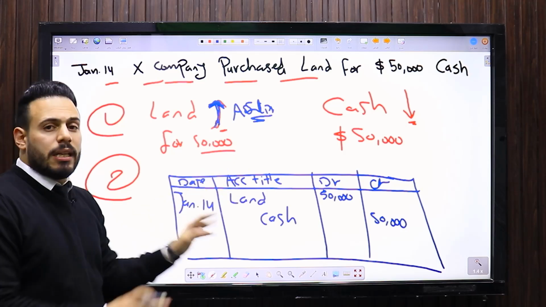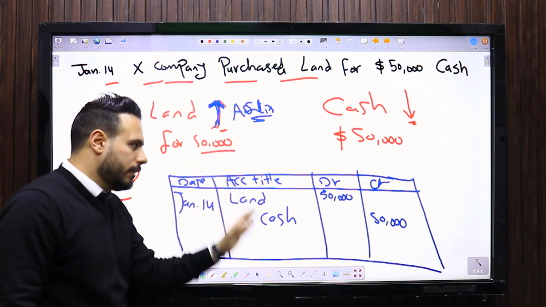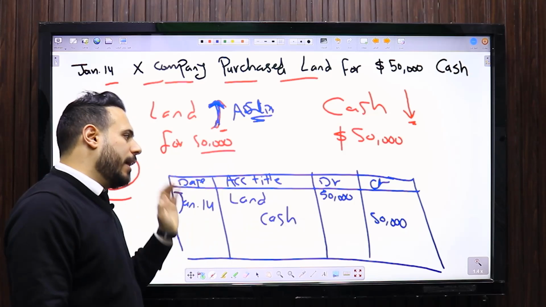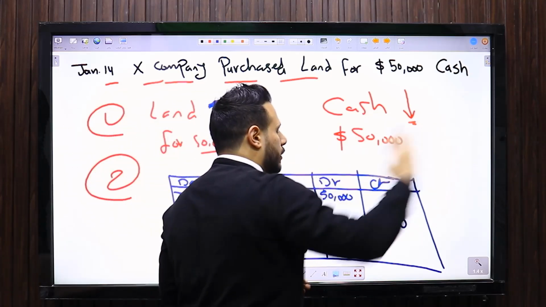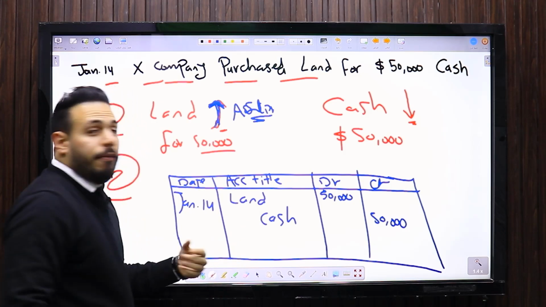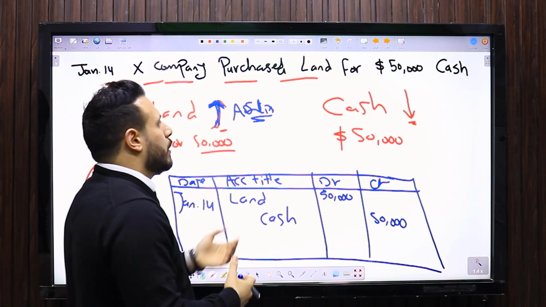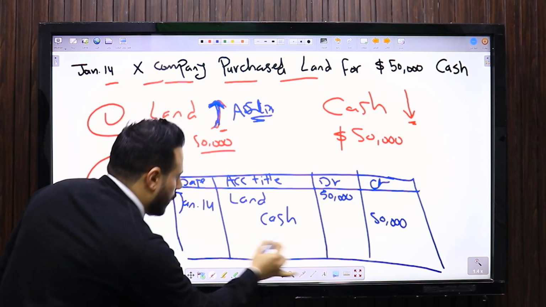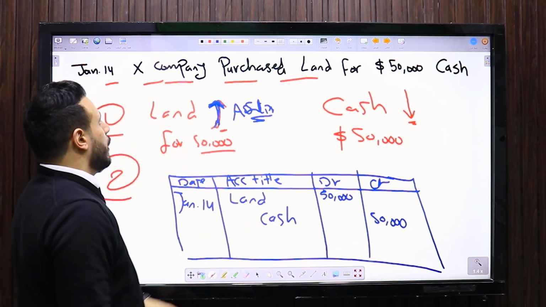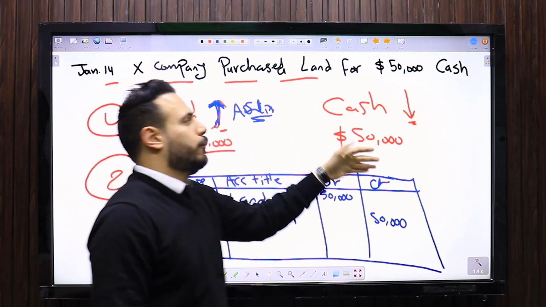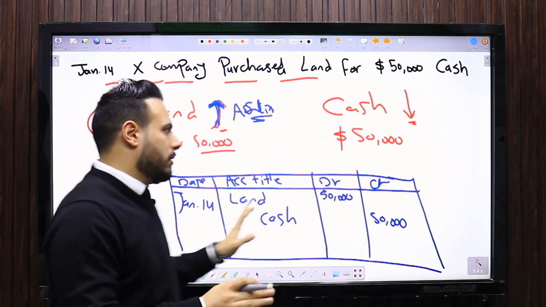The account consists of three parts: account title, debit side, and credit side. The debit side is called the left side, and the credit side is called the right side. If I need to make an explanation for this transaction, I will write under it: X company purchased land for $50,000 cash.